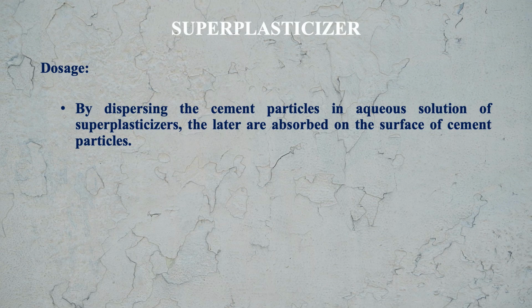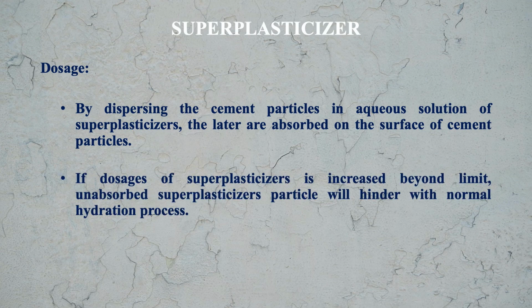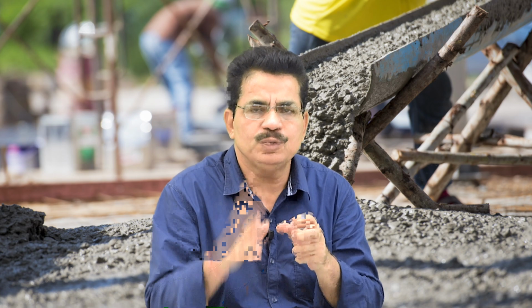By dispersing the cement particles in aqueous solution of superplasticizers, the latter means the superplasticizers are absorbed on the surface of cement particle. If dosage of superplasticizers is increased beyond certain limit, unabsorbed superplasticizer particles will hinder the normal hydration process of the cement. So that way we have to be cautious regarding the dosage of the superplasticizers.